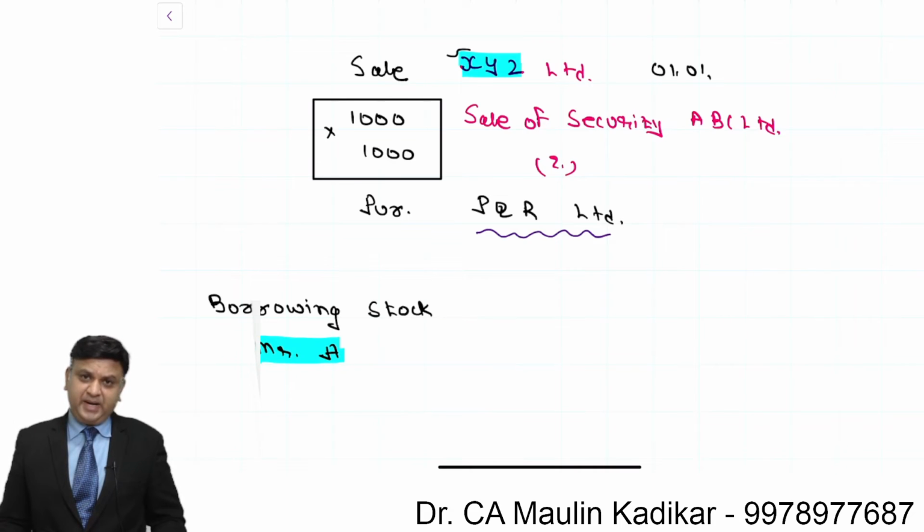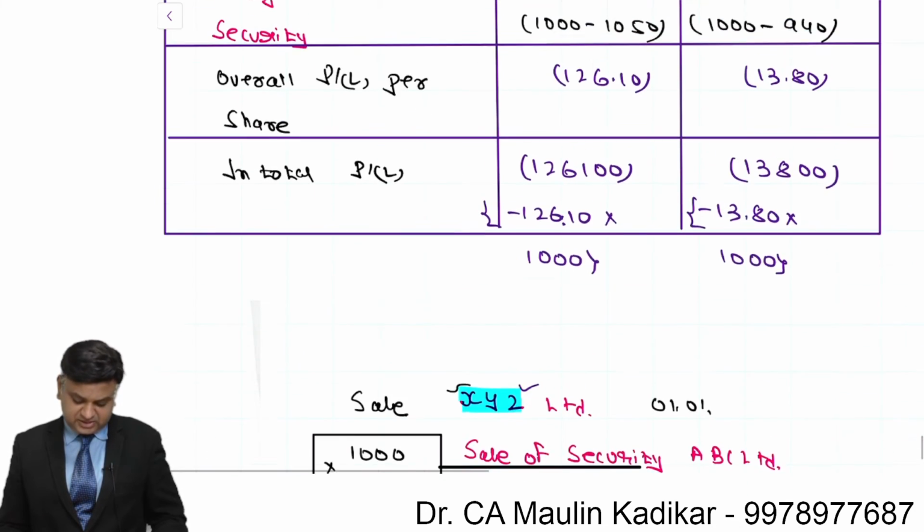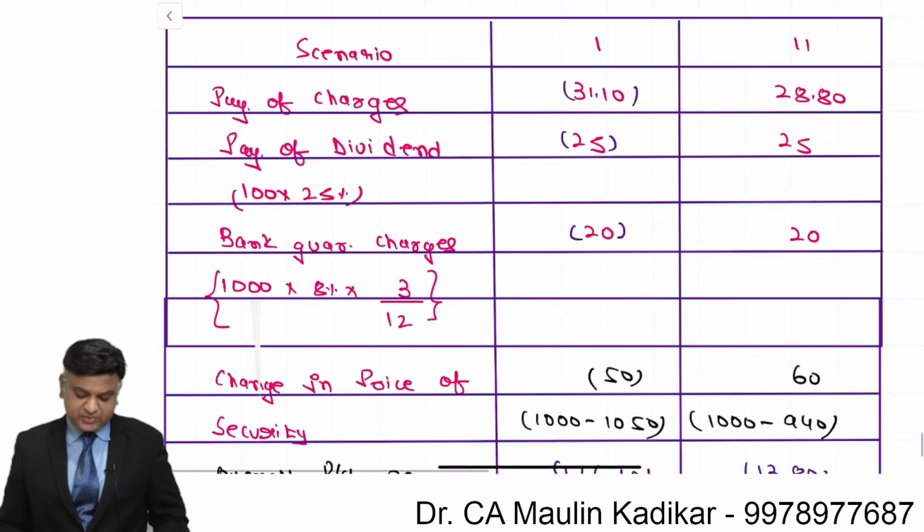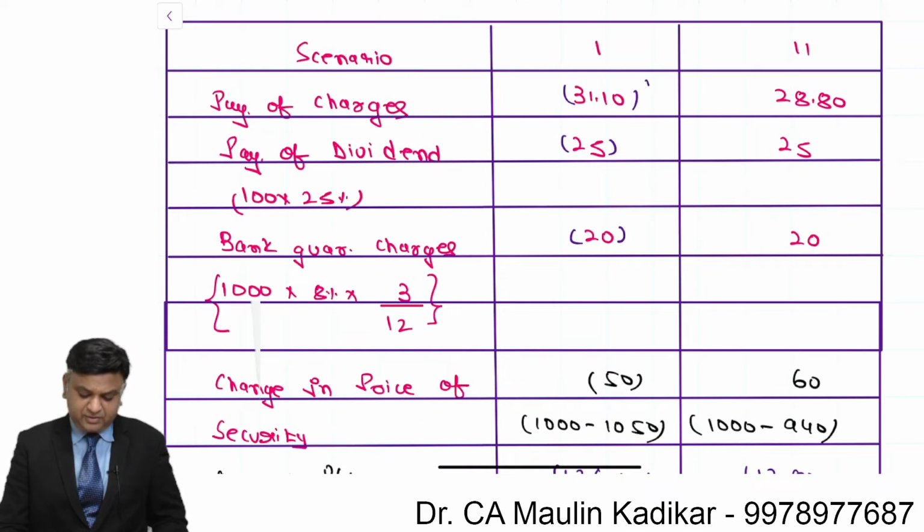On 31st of March, when XYZ Limited is refunding the stock, at that time not only is the stock required to be refunded, but also the dividend income which Mr. A could have received is required to be compensated along with the borrowing charges. So from XYZ Limited's point of view, payment of the borrowing charges is a cost.